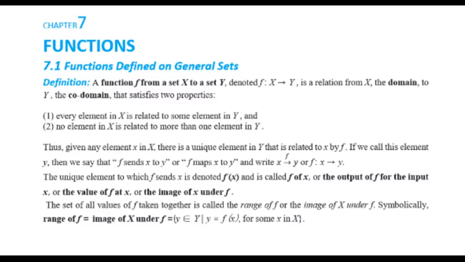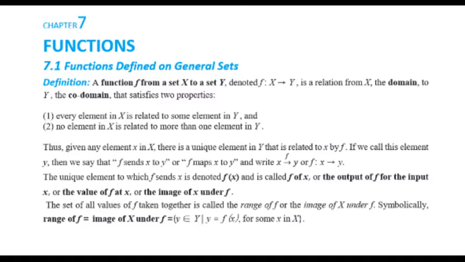And if we call this element y, then we say f sends x to y, or f maps x to y. These are equivalent statements. And this is how we write it symbolically: x arrow to the right y, or we write it in this way.